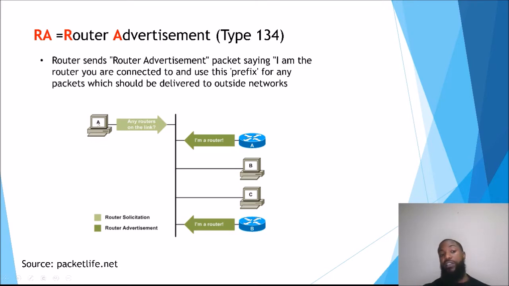From the vantage point of host A, a router sends out a router advertisement packet saying, "I am the router you are connected to, and use this prefix for any packets which should be delivered to outside networks." So the routers A and B are saying that to host A because he sent the solicitation. They sent him advertisements, right?